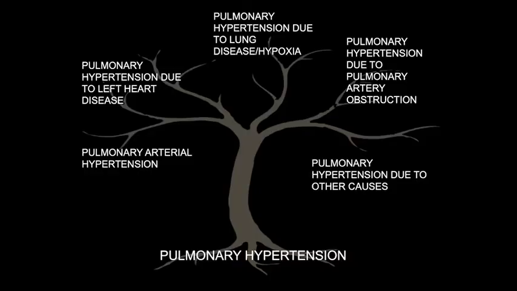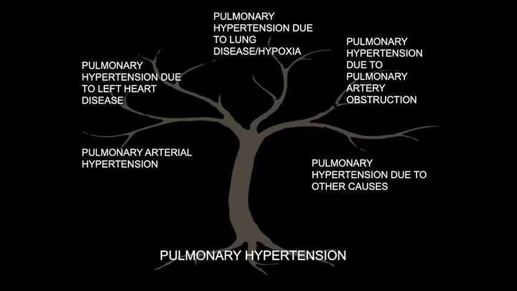The next thing I would like to emphasize is that pulmonary hypertension is actually a big group. We have to classify pulmonary hypertension into various kinds because the treatment of every branch is different. Pulmonary hypertension is divided majorly into 5 groups, which are again subdivided into subclasses.